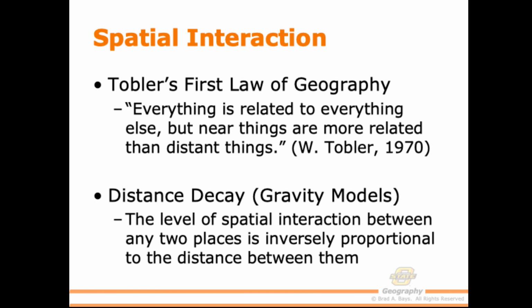But distance decay is just the idea that things tend to dissolve or dissipate as time moves on and as one gets away from an event or a place. So the level of spatial interaction between any two places is inversely proportional to the distance between them.